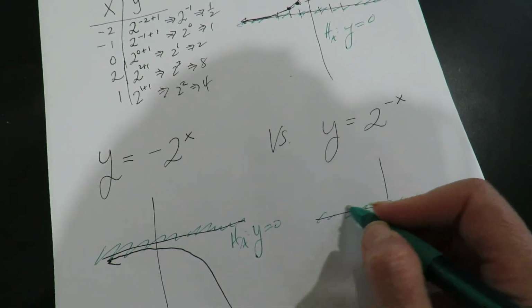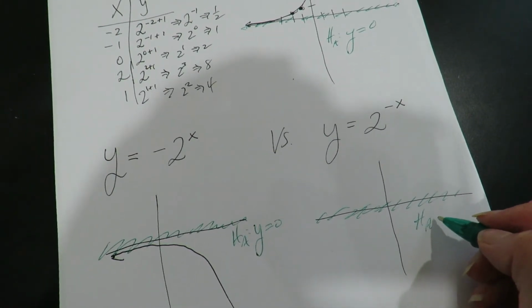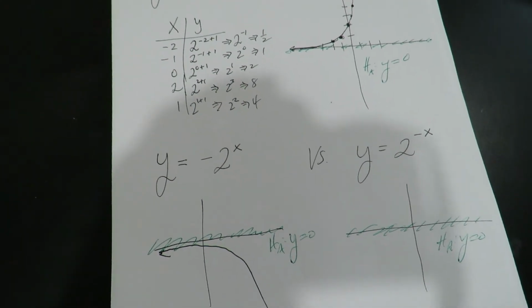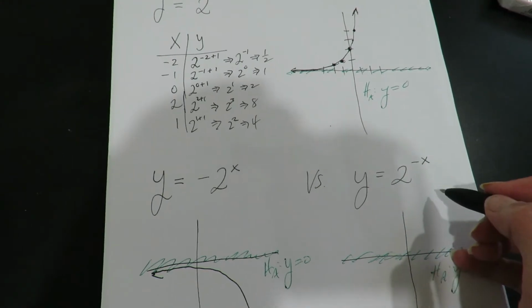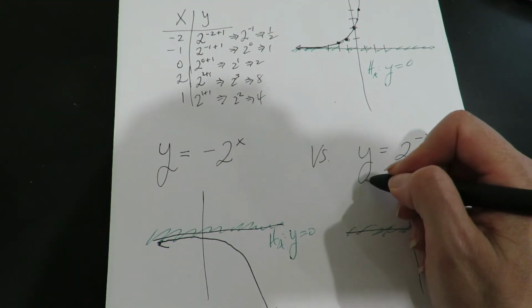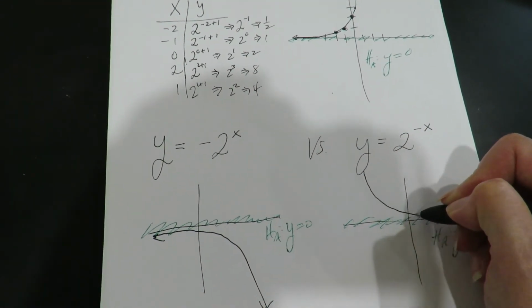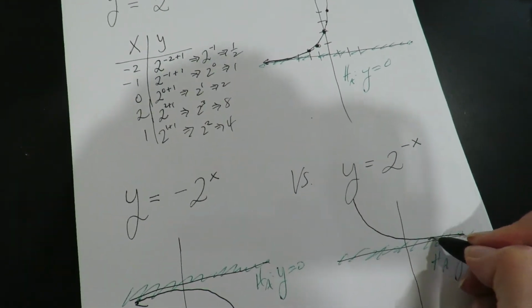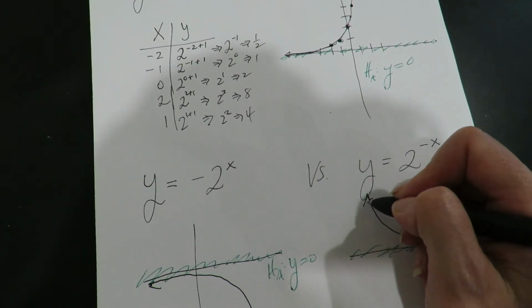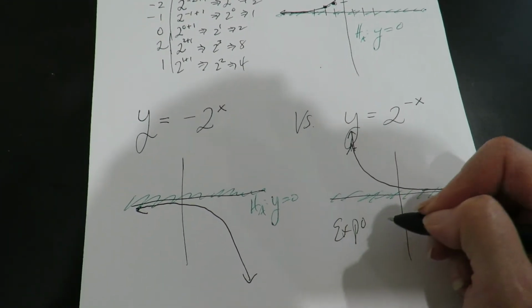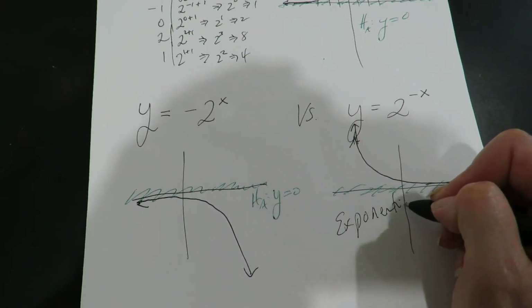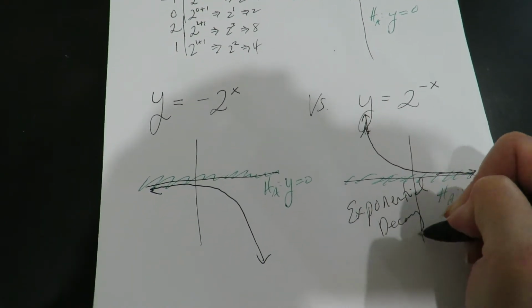Again, you haven't pushed it up or down, so your horizontal asymptote is still y equals 0. But this guy, it went this way usually, but you're flipping it, so it's going to go this way, and I haven't gotten much into this one yet, but this is called exponential decay.